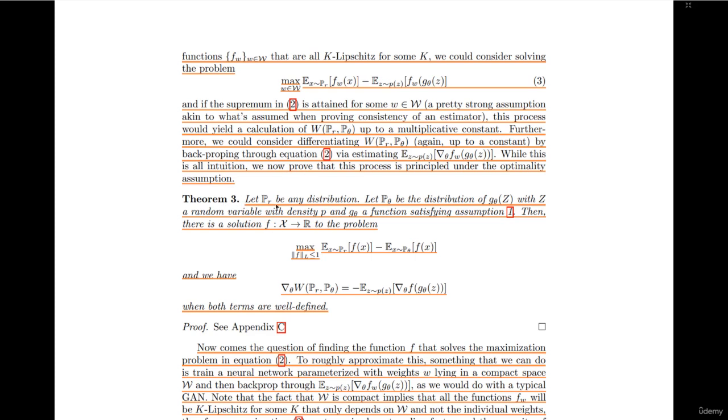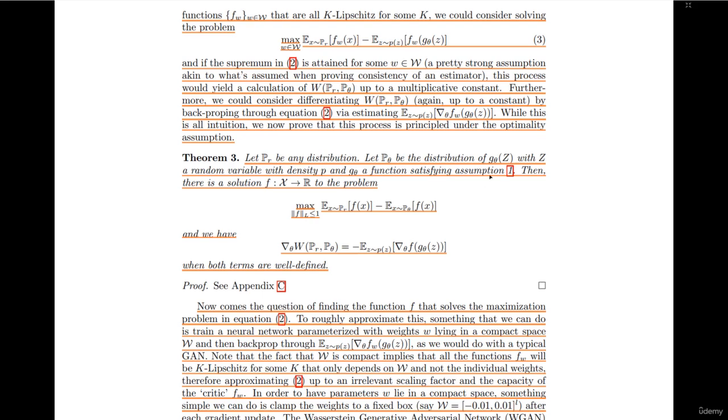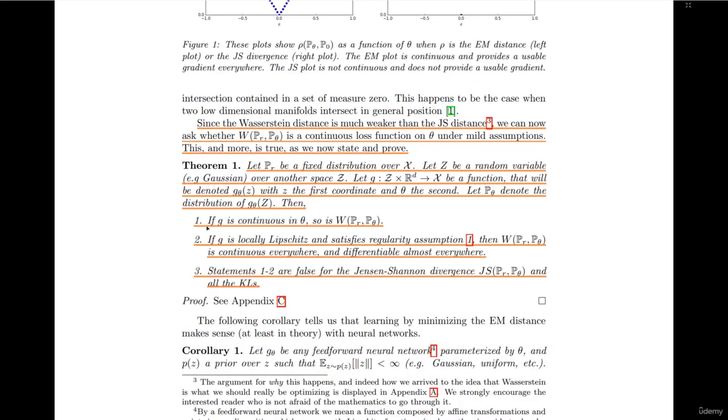So from here we have theorem 3, which states that if we have PR, which is any distribution, and P theta, the distribution of G theta of Z, where big Z is a random variable with density P, and G theta a function satisfying assumption 1, which is that if G is continuous in theta, so is the EM distance between PR and P theta.